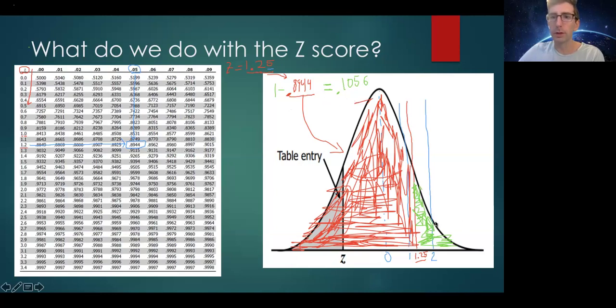And we'll do some examples of this. If we're asked about a percentage or a probability in between two values, we'll actually have to calculate two different z-values to get the area under the curve of each one. Take their difference to find what's left over in the middle, but we'll do an example of that as well.